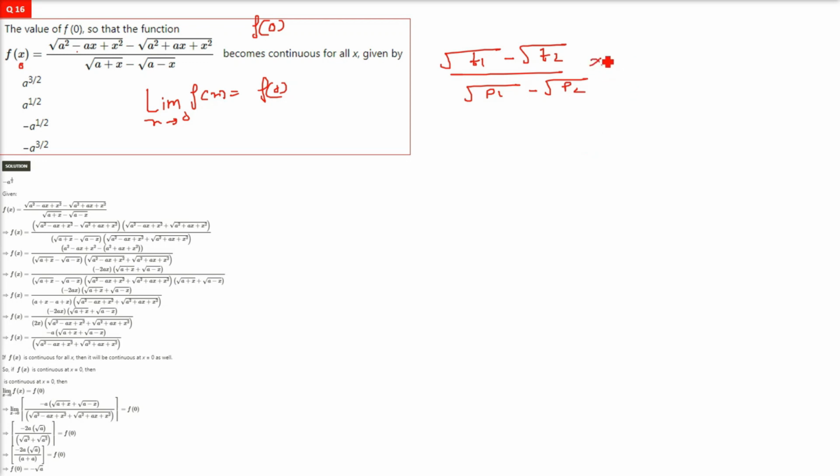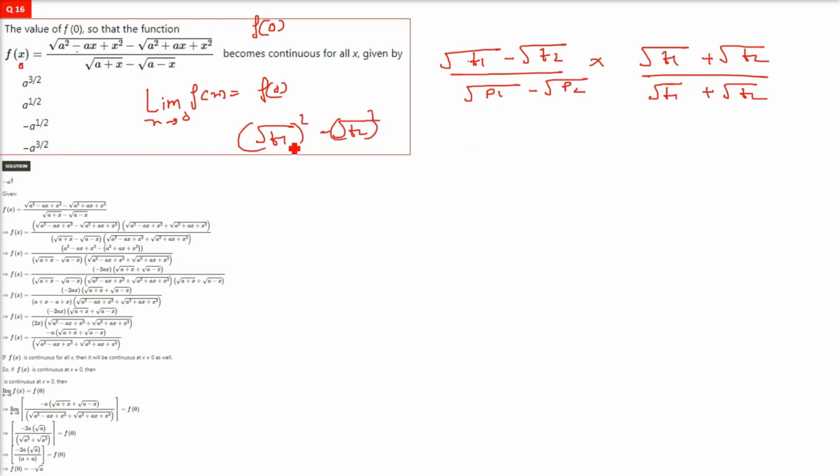So here, just in order to understand, please assume that we have to first rationalize the numerator, or you can start with the denominator. I am rationalizing the numerator. So you have to just multiply it by the plus sign. Same term with plus sign. What you will get? A minus b and a plus b is a squared minus b squared. So root t1 square minus root t2 square. So you will get t1 minus t2.